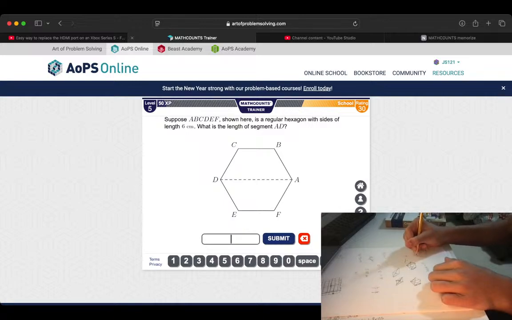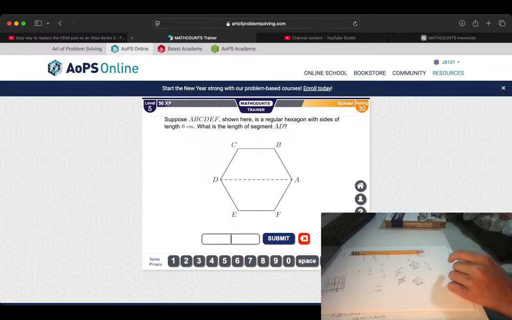So here, 60 degrees. So this is just gonna be 6 over here. This one's gonna be 60. And it's always gonna be 6, right? So this one and this one is what I don't know. I have a feeling it has something to do with the sine.